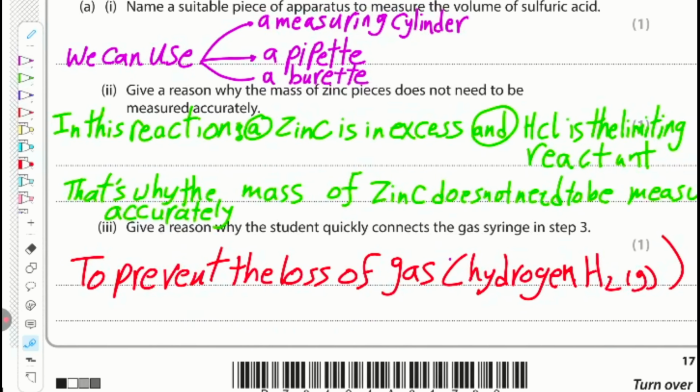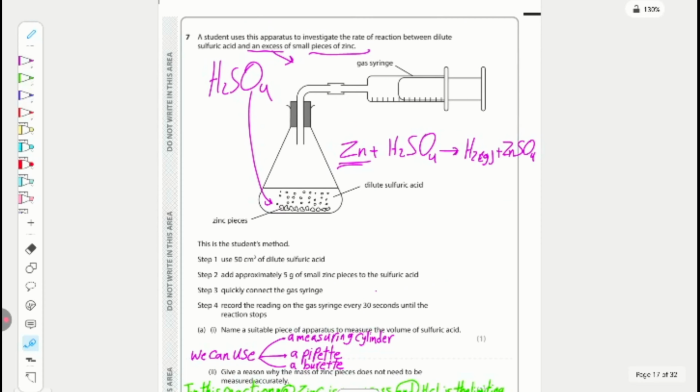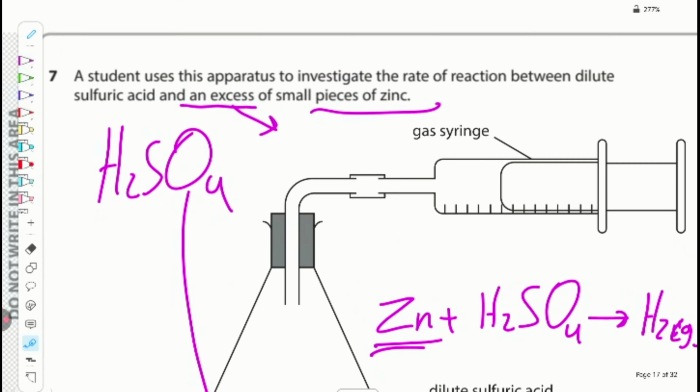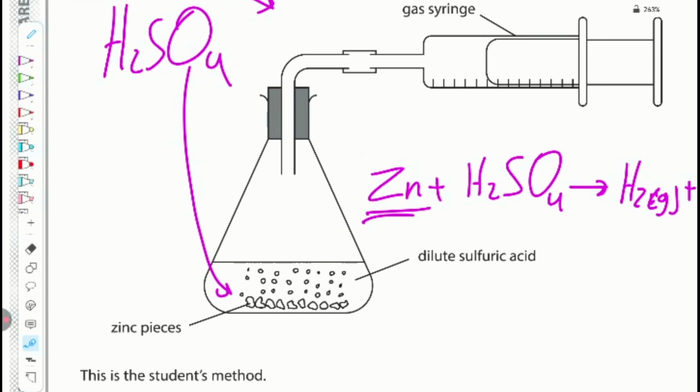Second question here, my friends, is give a reason why the mass of the zinc piece doesn't need to be measured accurately. Generally, my friends, when we have two reactants, we have two types of reactants. The first one is called the limiting reactant, which we need to consume all of. The other one is the reactant which is in excess.